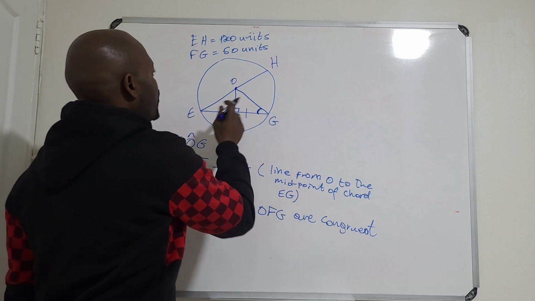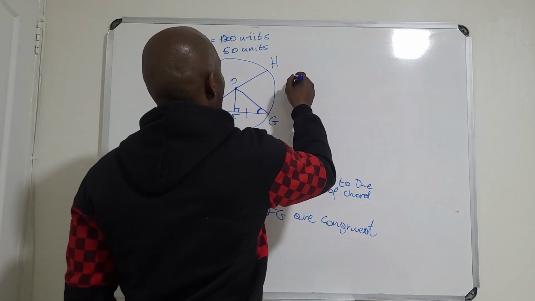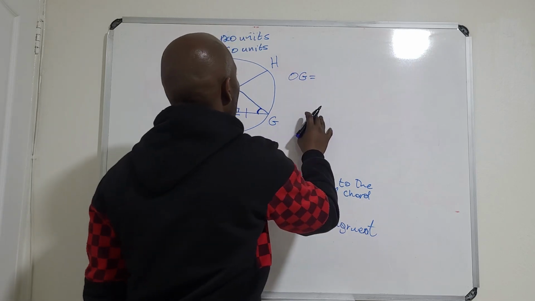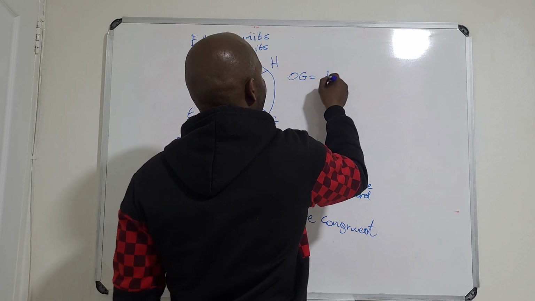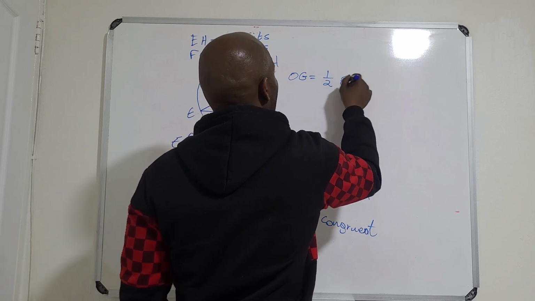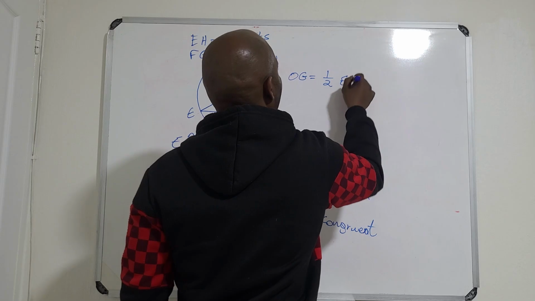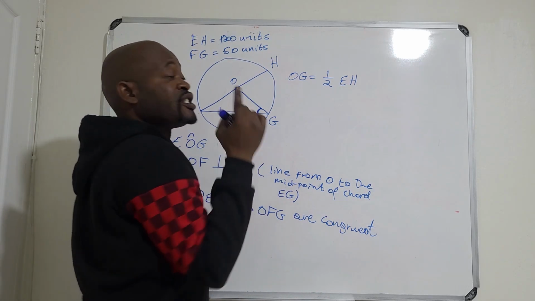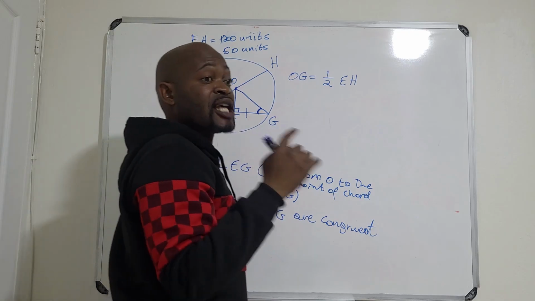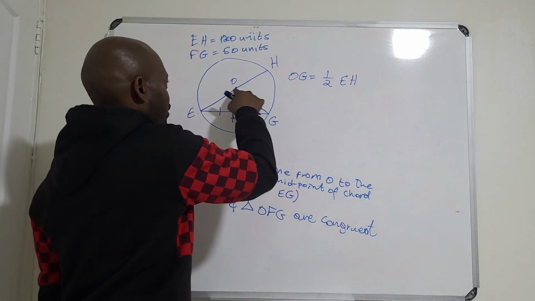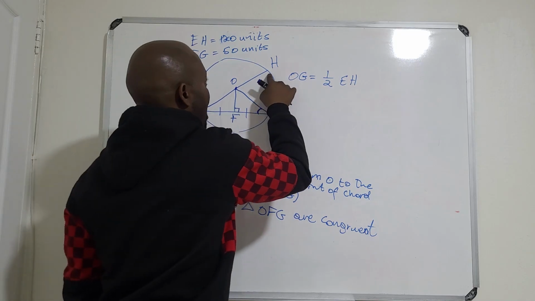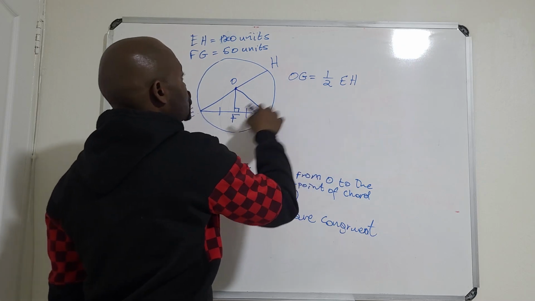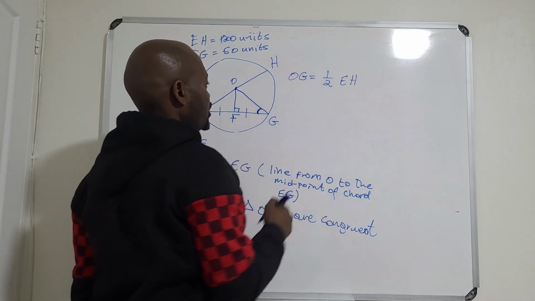Now, we can find this angle there. Since we know that OG is equal to half EH. Why? OG is the radius, and we've said that the radius is half of the diameter. Therefore, OG is equal to half EH.